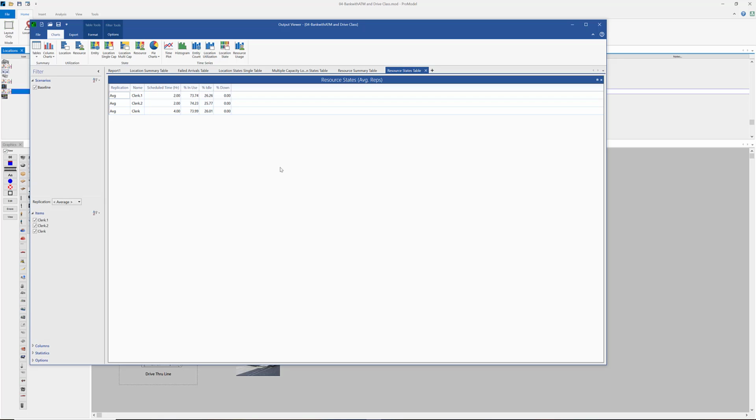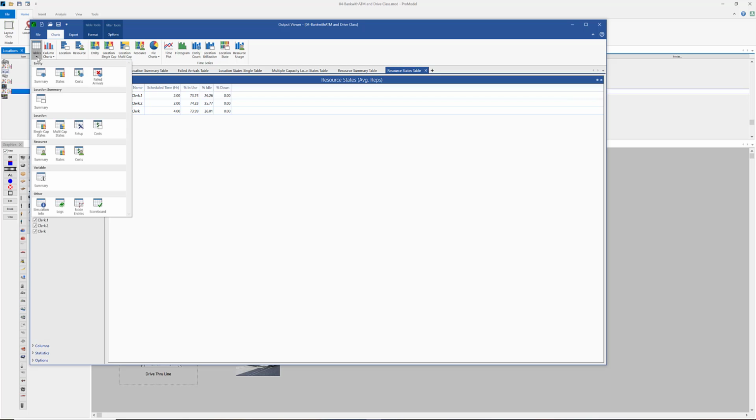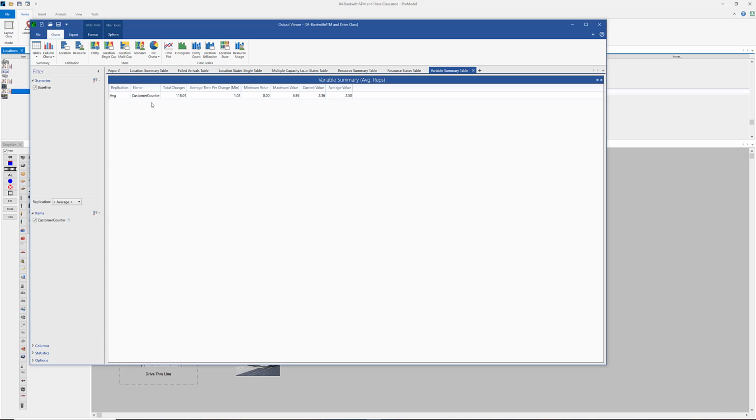Okay, so far in the bank example, we were able to cover the basics as well as routing based on probabilities. We had macros, we had variables, and let's look at the variables, so we forgot about that. Variables: the number of customers in the bank. The total change is made. So average time per change: every minute on average, the number of customers in the bank changed.